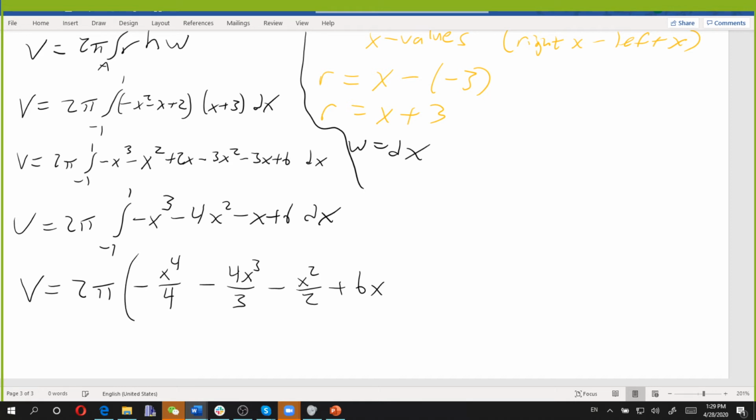And we're going from negative 1 to 1. So then I just need to plug in my upper bound and subtract my lower bound.